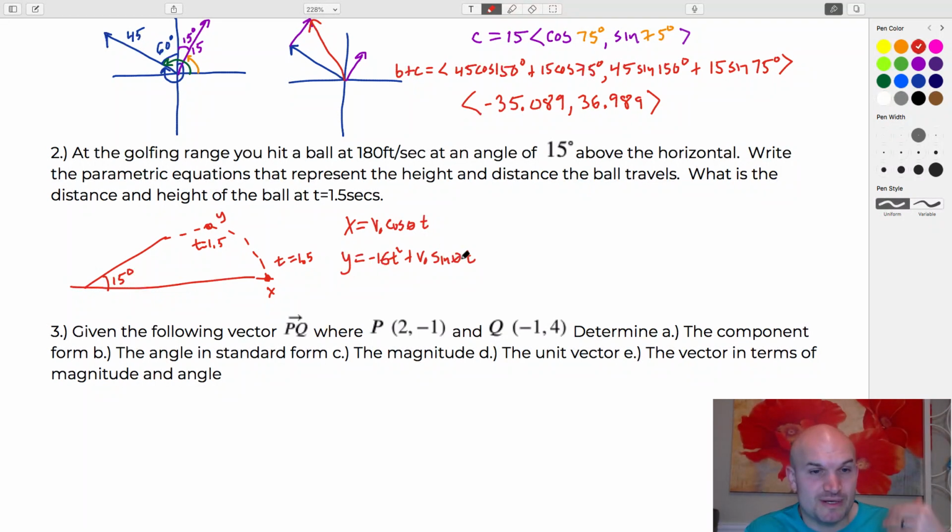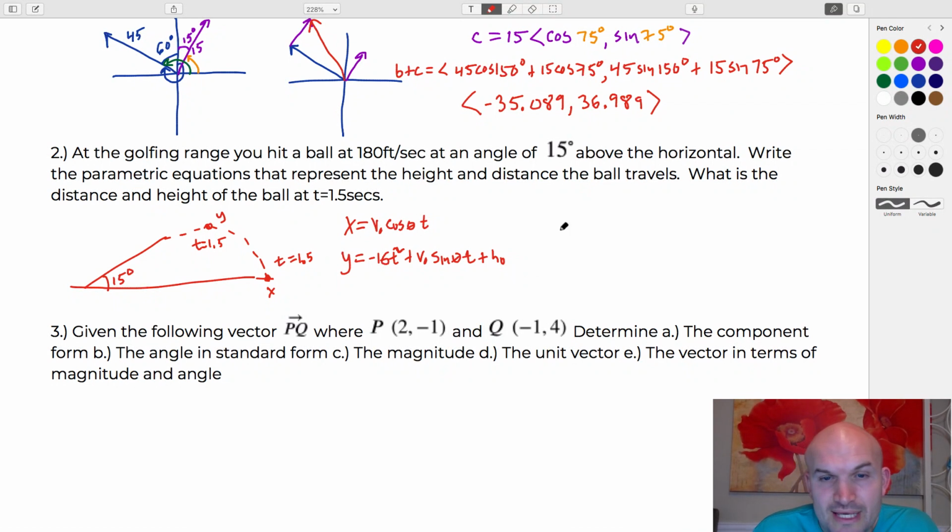This is only for particle motion in terms of feet per second, hence the negative 16. And then plus h of 0, where h of 0 is your initial height, which in this case we don't have, so that's going to be 0.